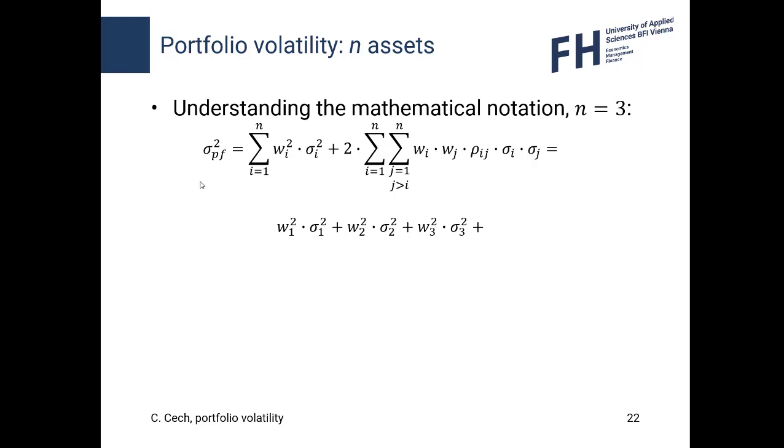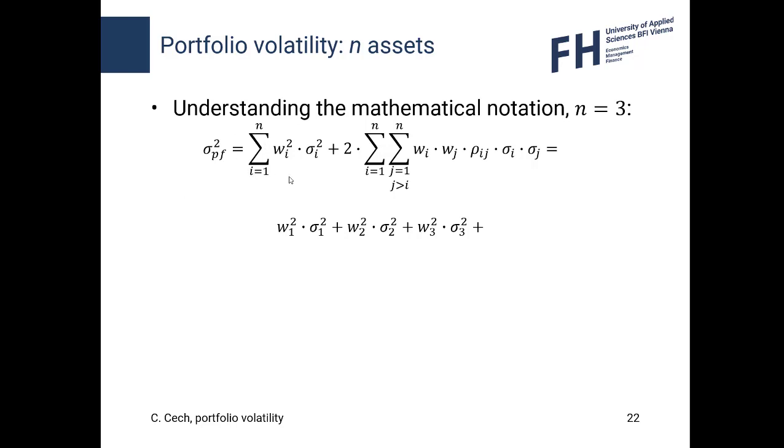Here you find the formula for the portfolio variance, sigma squared. This would be step 1 of the algorithm. In step 2, we then take the square root of this to arrive at the portfolio volatility.